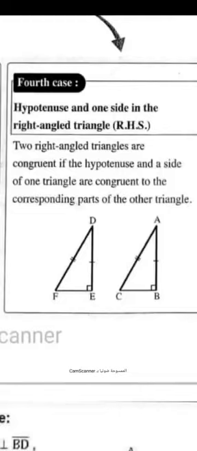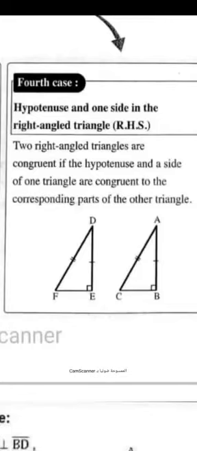If we have, for example, two triangles: ABC, right angled at B, and triangle DEF, right angled at E, and AB equals DE, they are the sides, and AC equals DF, they are the hypotenuse. So we have a side and the hypotenuse in the first equal to a side and the hypotenuse in the second.